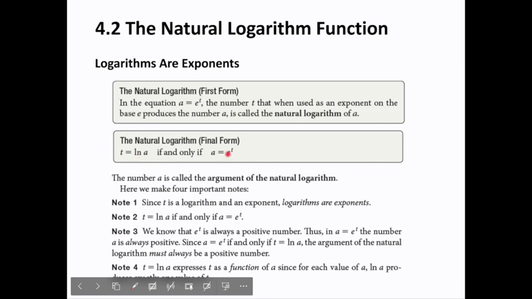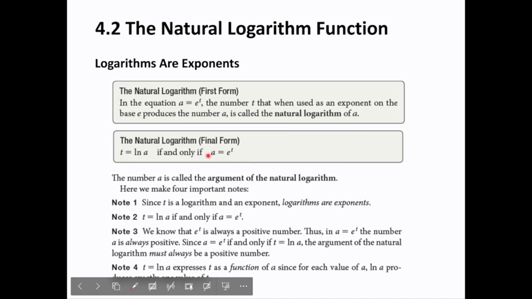Because we're using our exponential form, we have a base of e. And then the exponent is what the logarithm of a is equal to. So we have a, that's our argument, that's here and here, depending on which form you're writing it in. And then t is our exponent, depending on which form we're writing it in.